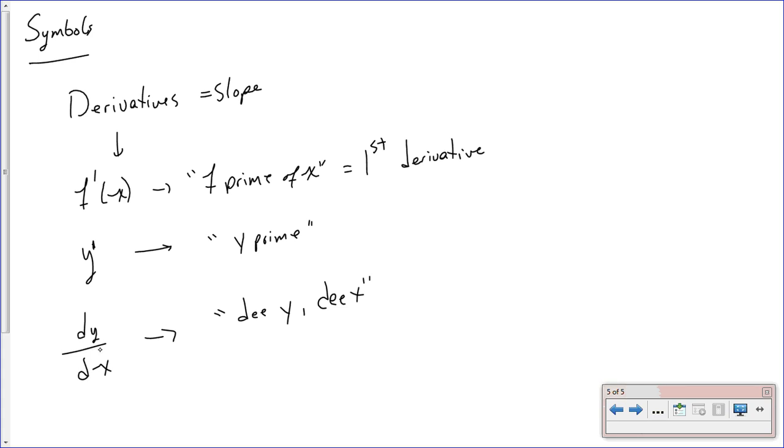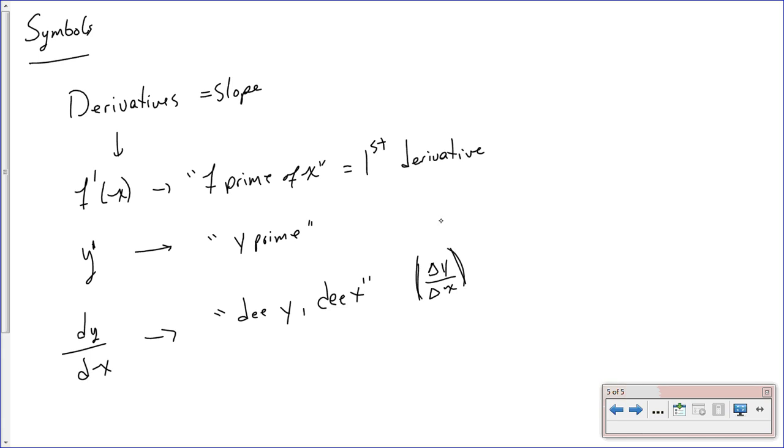Right? dy over dx, or just dy dx. And this is, you'll recognize this as slope delta y over delta x, because it's your change in y over your change in x. All right, so delta y over delta x.